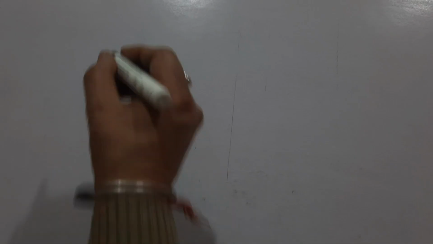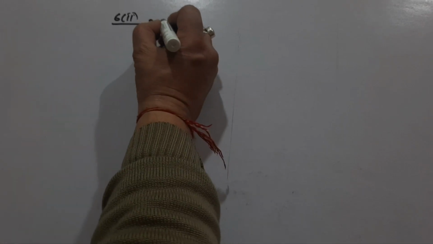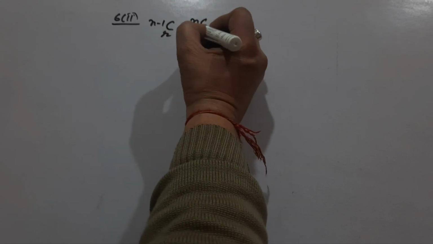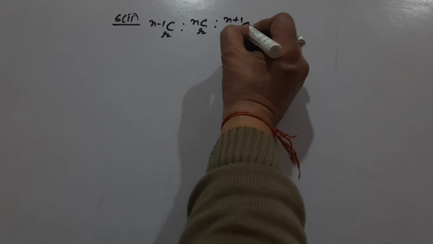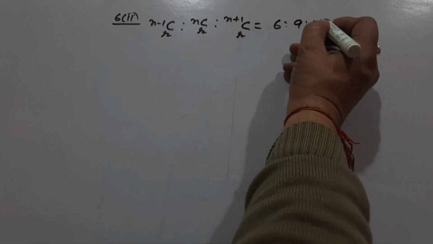Now students, let us start with this second part. Sixth question, second part is n minus 1 CR is to NCR is to n plus 1 CR is equals to 6 is to 9 is to 13.